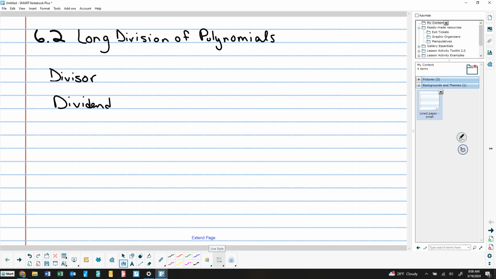You have to do long division when the power on the divisor is squared or higher.